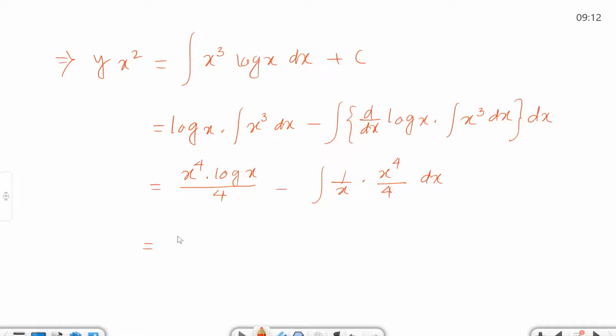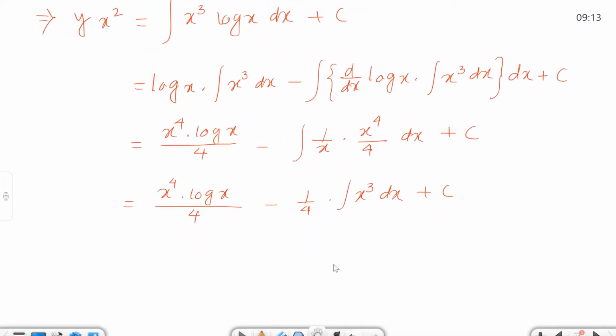This is equal to x power 4 log x divided by 4, minus 1/4 comes out, x cancels, so it is simply x cube dx plus c. Just complete this integral, it is again x to the power 4/4.